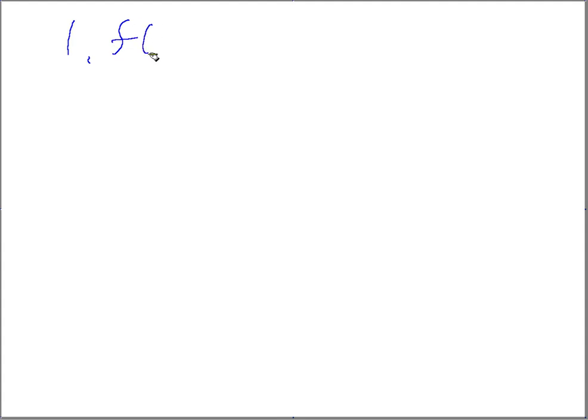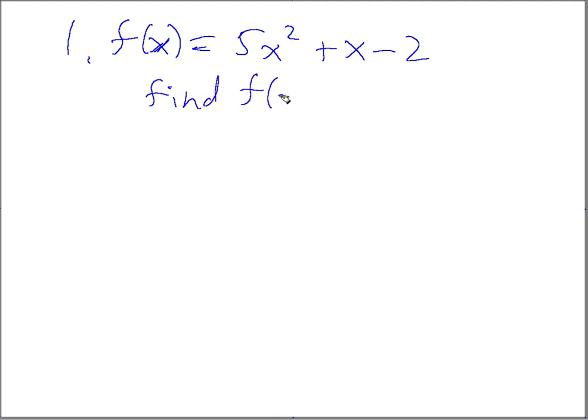Let's say f of x equal to 5x squared plus x minus 2. And I want you to find f of negative 1, f of 4, and f of 0. Okay, find these 3 function values, just plugging it in, right?